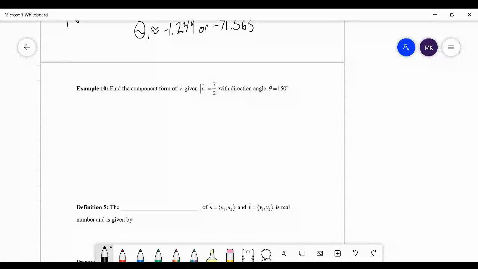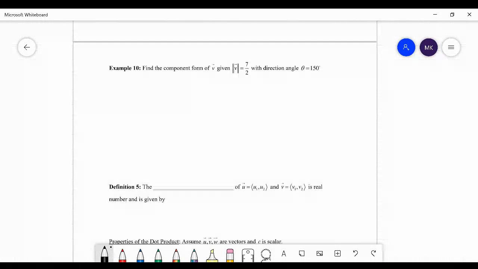So that means that the vector v is equal to the magnitude of v times cosine theta and the magnitude of v times sine theta.